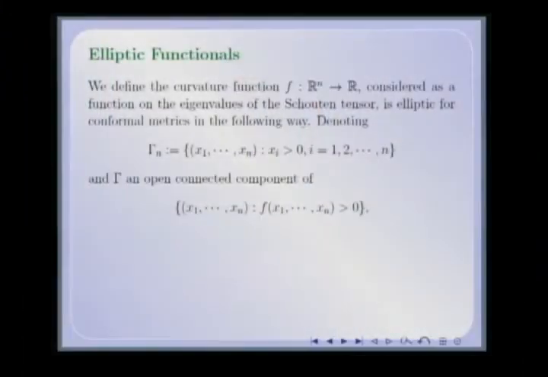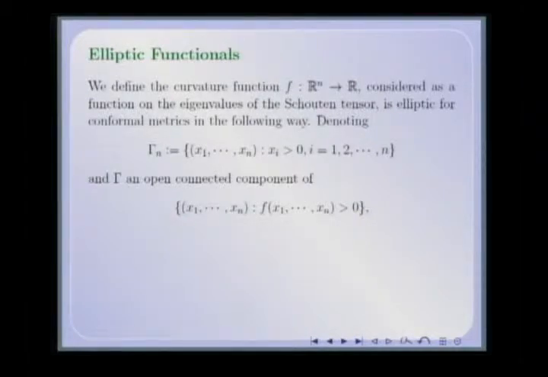But now what we want to do is to generalize this theorem to more general equations. These are fully nonlinear equations. So take a function f from R^n to R and consider the convex cone given by this expression.